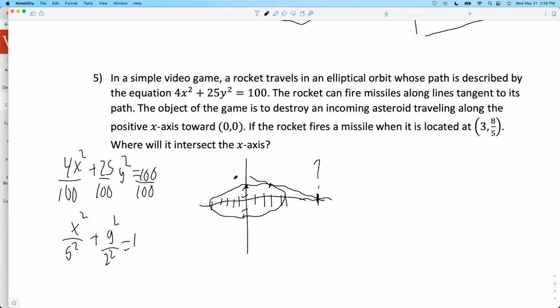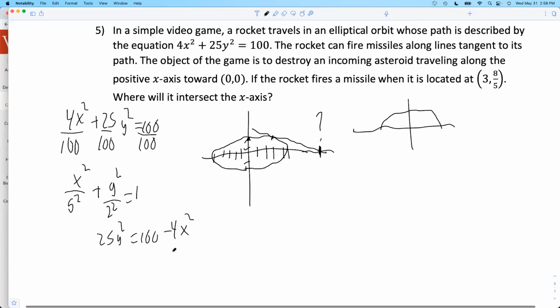Now, I actually could go, well, you know, the top half of this ellipse is a function. I could move the 4x squared over. Divide both sides by 25.